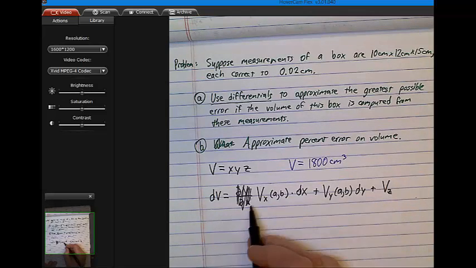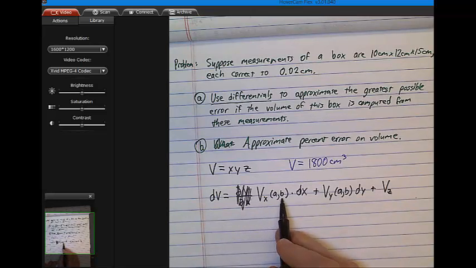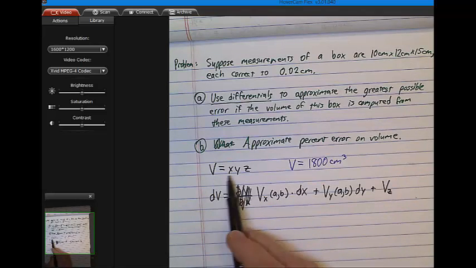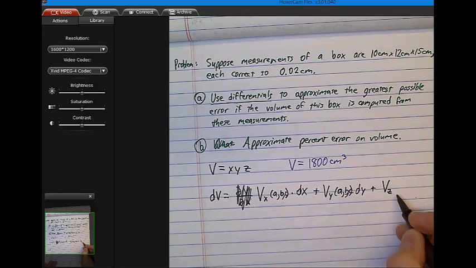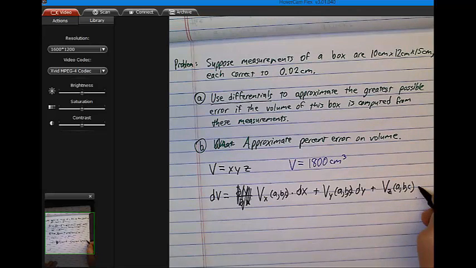It's not Vx of AB, because volume's a function of how many variables? 3. So maybe I'll call it ABC. And what should my ABC actually be?